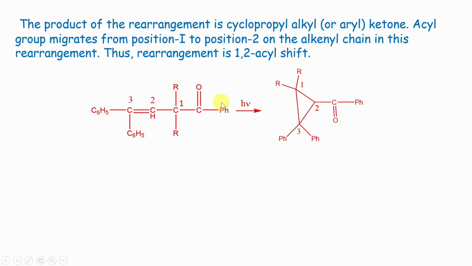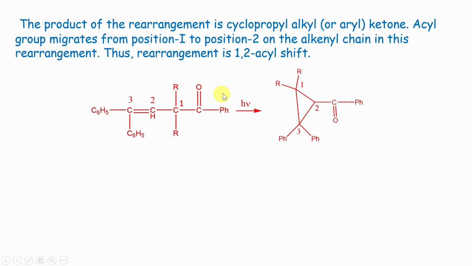And this acyl group then migrates from this carbon atom to the second carbon atom bearing the radical, and so a new bond is formed here. Thereby this carbon becomes a radical and this carbon also becomes a radical, and ring closure takes place to form the cyclopropane ring.